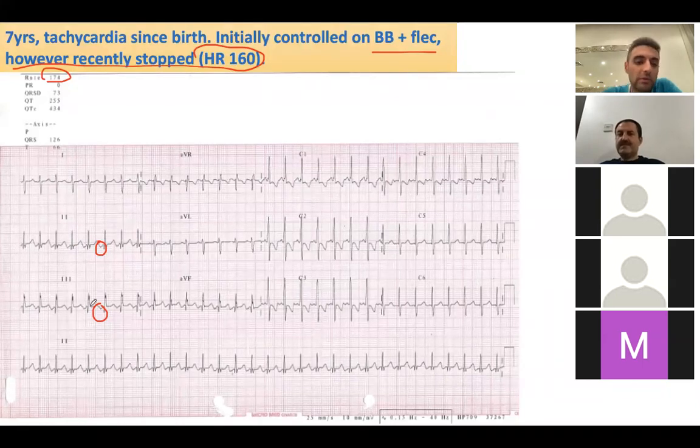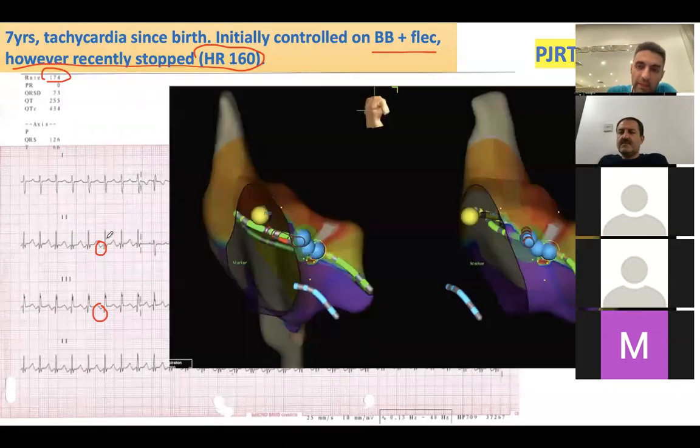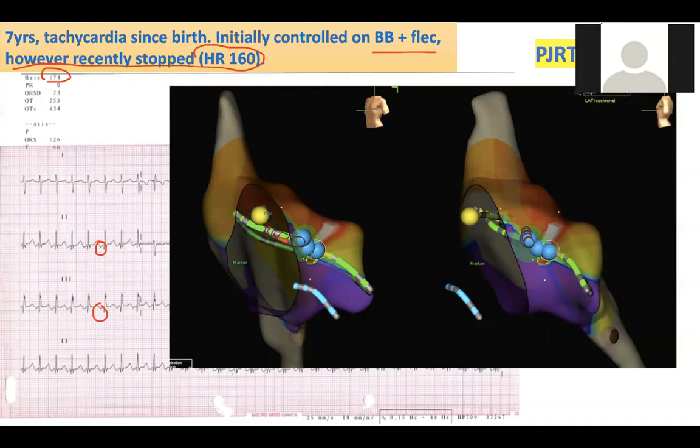So anyway, perfect. In other words, one of your differentials for long RP tachycardia is PJRT. You heard of PJRT, right? It's more deep than this, isn't it? It's not very deep.